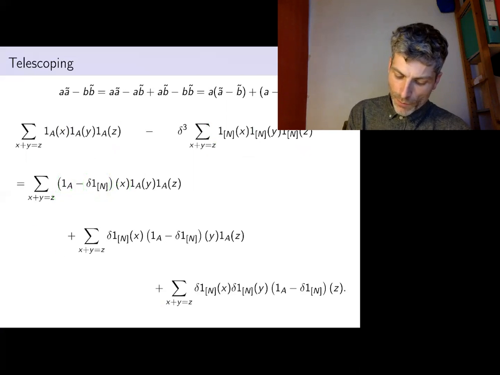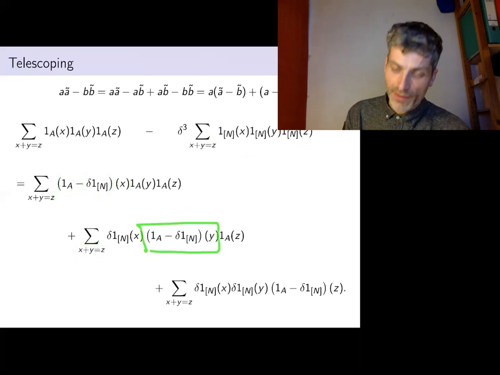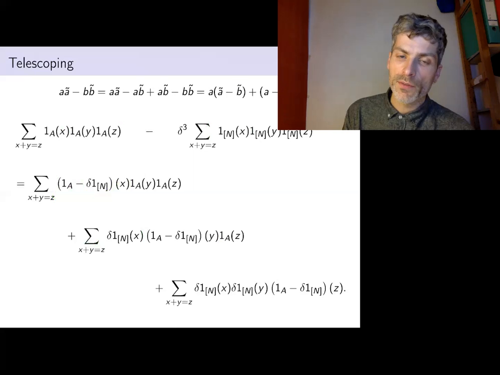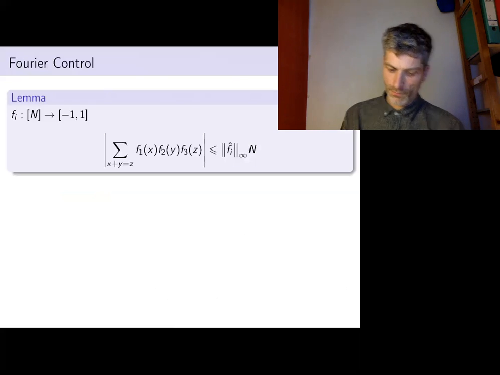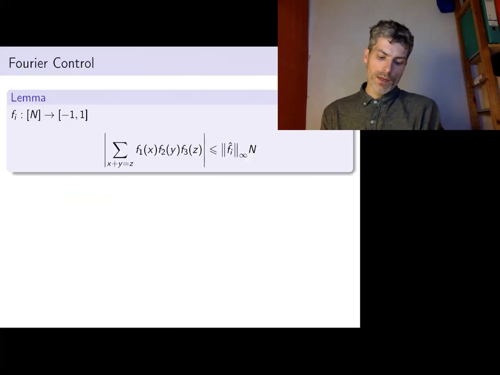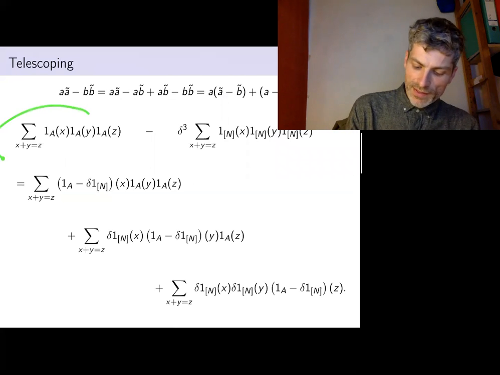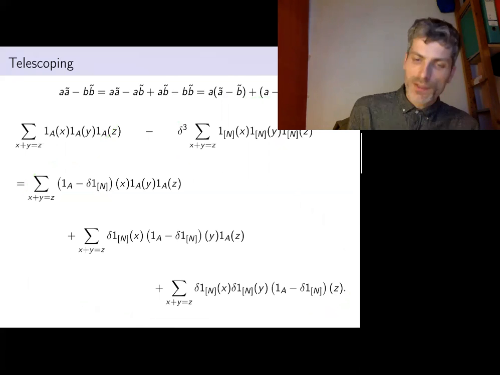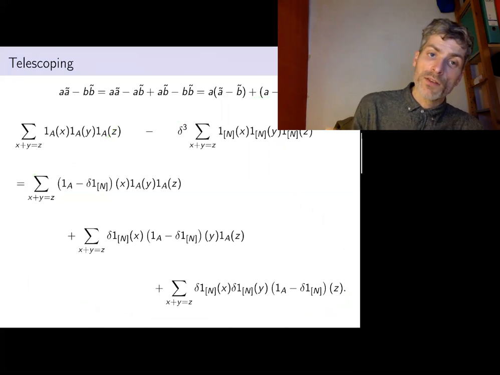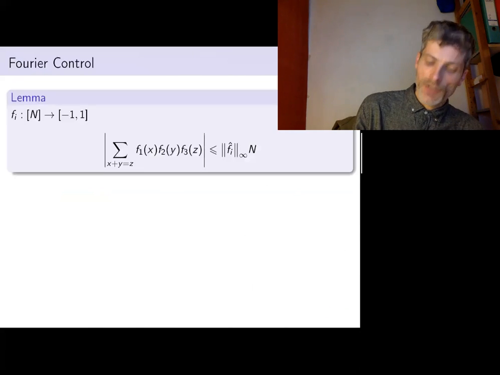And in each sum, we're counting solutions to an equation where one of the variables is weighted by a balanced function. Okay. Now, I want to show that this is equal to this up to some error term. So all of these individual summands have to go into my error term. So I want to show each of these individual sums is small.